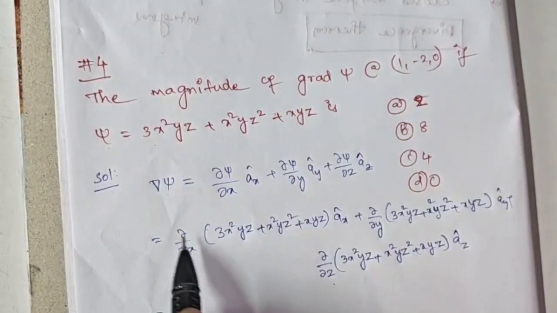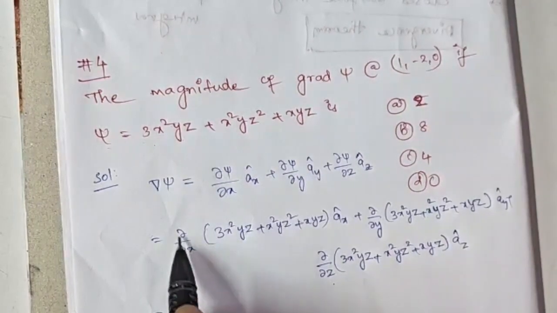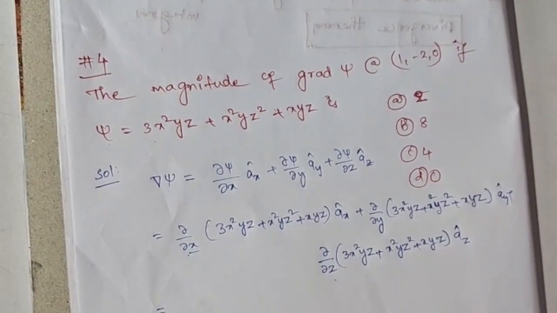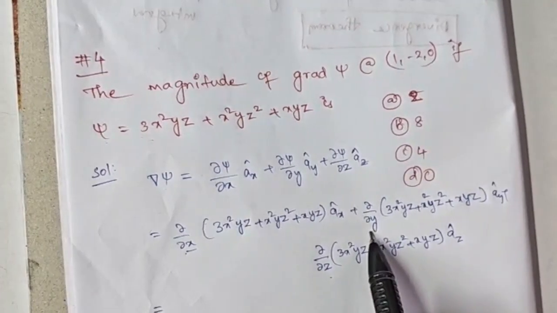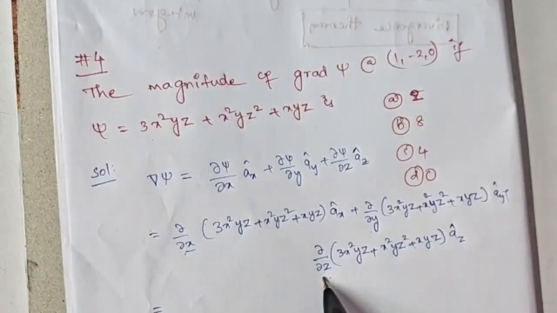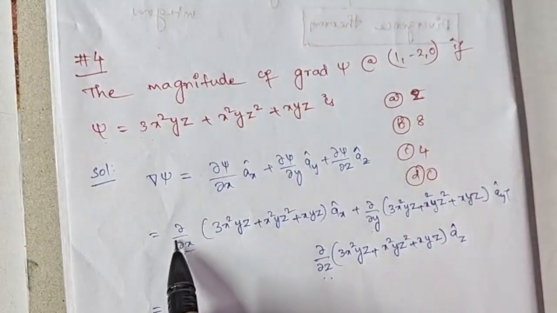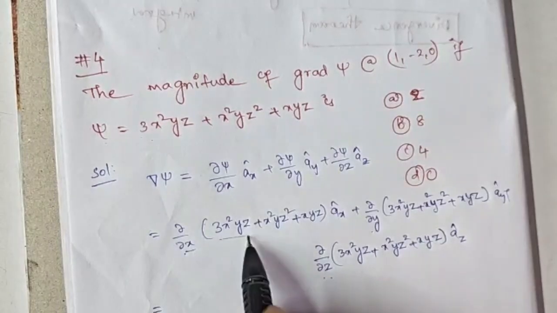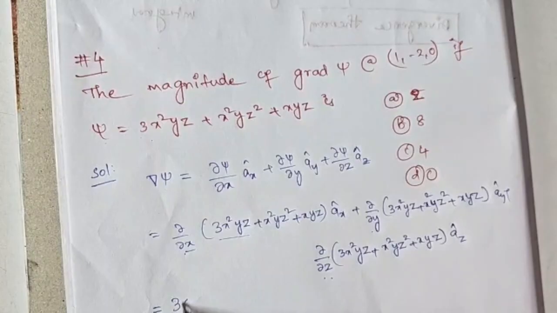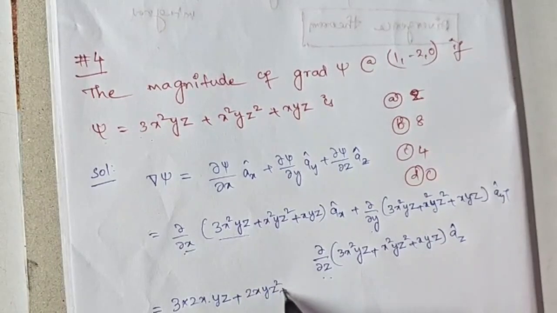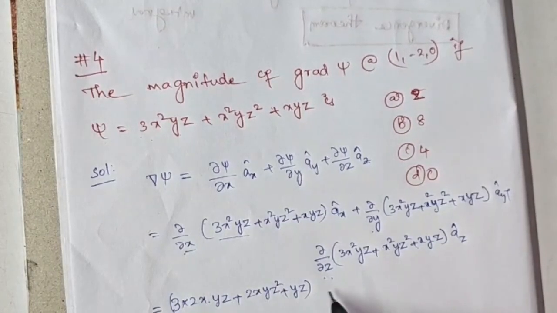It is a partial differentiation. So whenever doing the partial differentiation with respect to x, yz will act as a constant, and if it is with respect to y, then xz will act as a constant, and if it is with respect to z, then xy will act as a constant. So in the first term, differentiation with respect to x, you will get 3 into 2xyz plus 2xyz square plus yz ax cap.